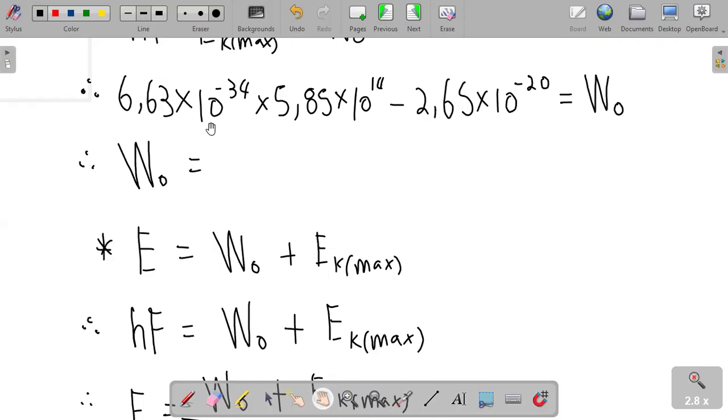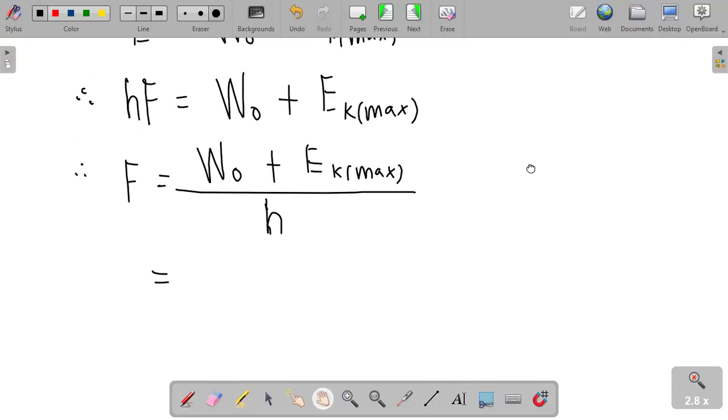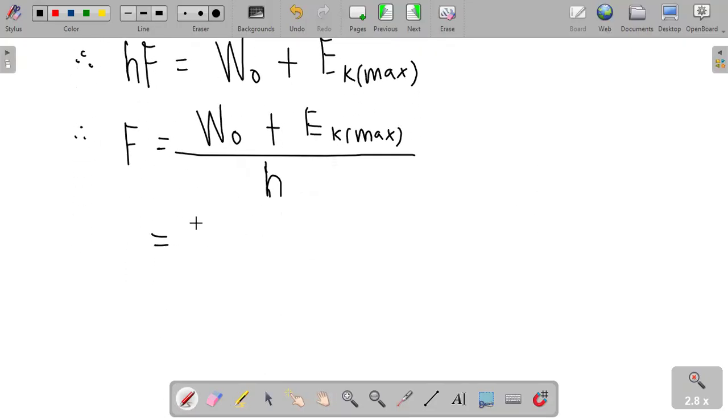Press everything into the calculator. It gives me 3.61 × 10^-19.